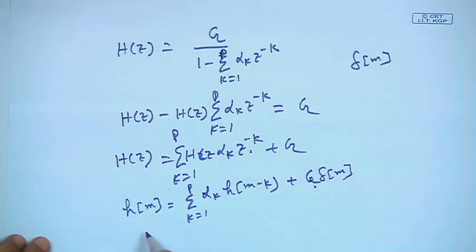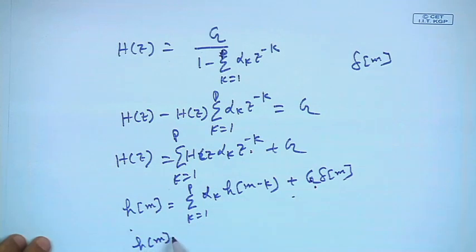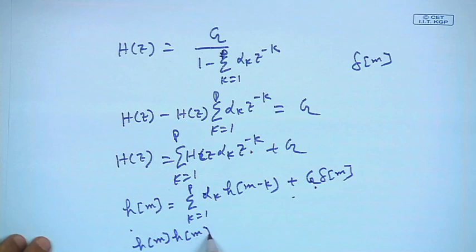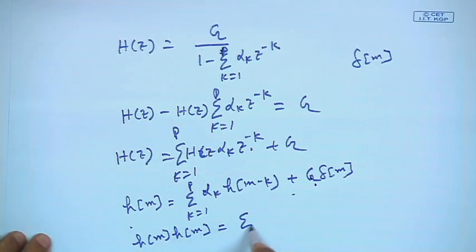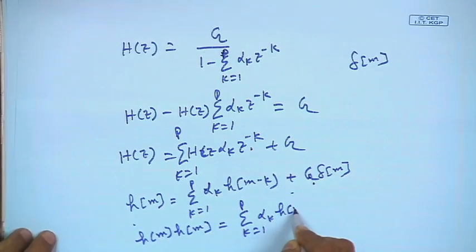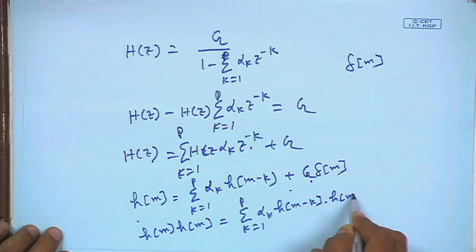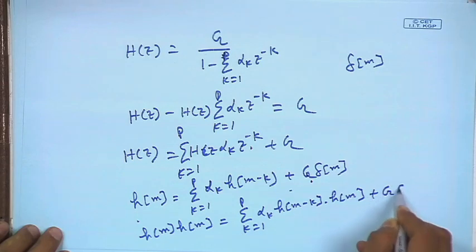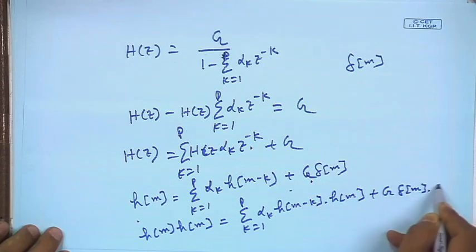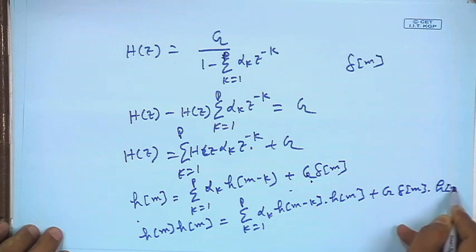Now, if I multiply both sides by h(m), I can say the sum over k equal to 1 to p of alpha_k h(m minus k) times h(m), plus g delta(m) times h(m). Okay or not?